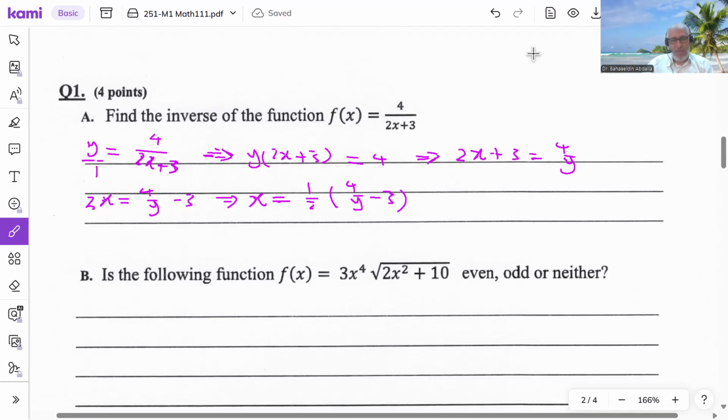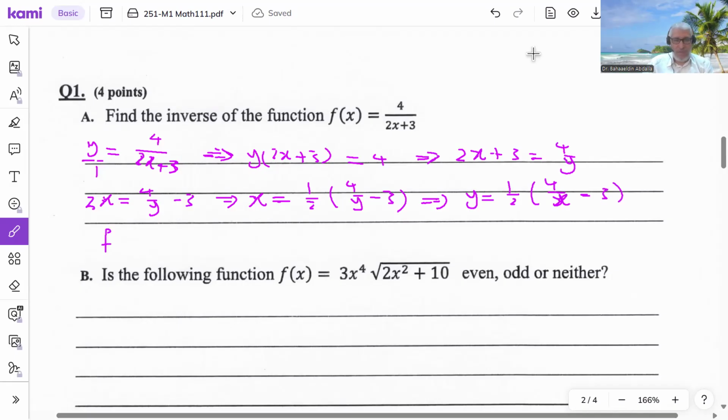And now I solve it for x, so I interchange x and y. So y would be half times 4 over x minus 3.